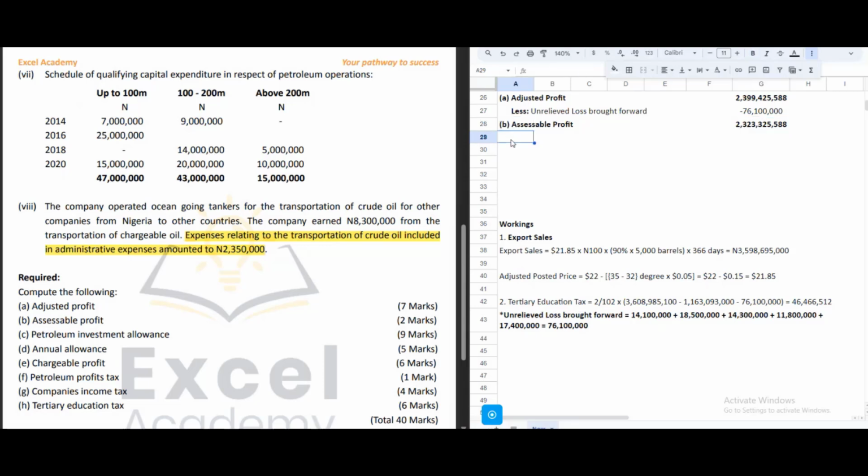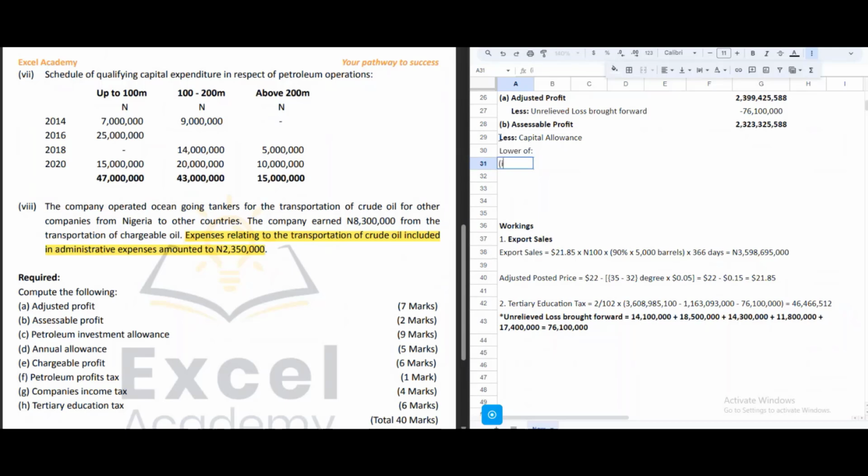Now let's go to the C. So here now we go ahead and say less the capital allowance. So what we have to do is petroleum investment allowance. So now with less capital allowance, it should be the lower of figure 1, the lower of the addition of petroleum investment allowance, which is PIA, plus annual allowance.